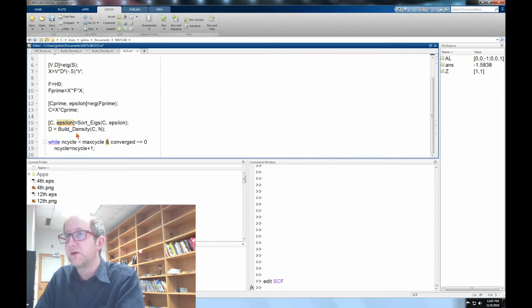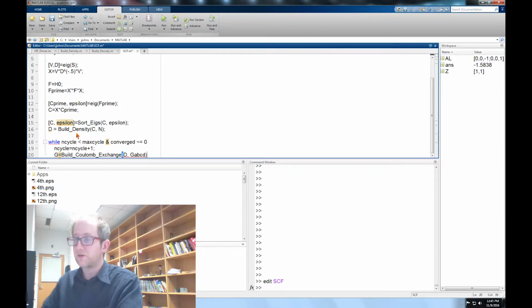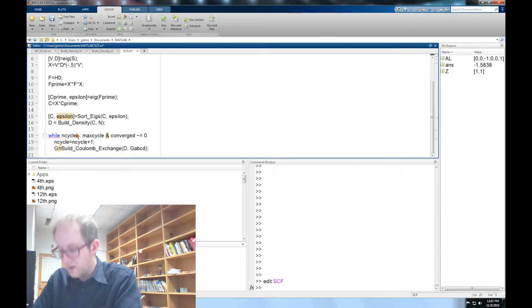We're going to build our Coulomb and exchange integrals, build Coulomb exchange. We need to give that our density matrix and our four center integrals. The Fock operator F is H naught plus G.